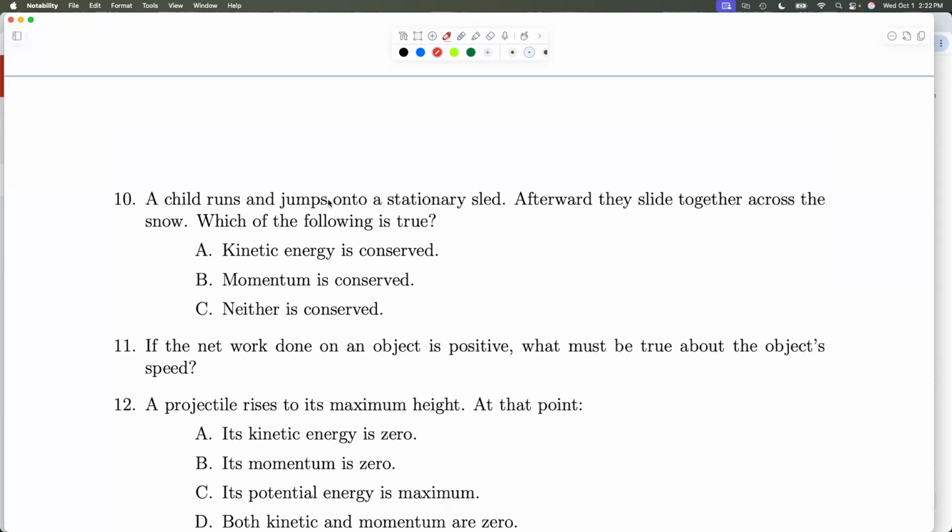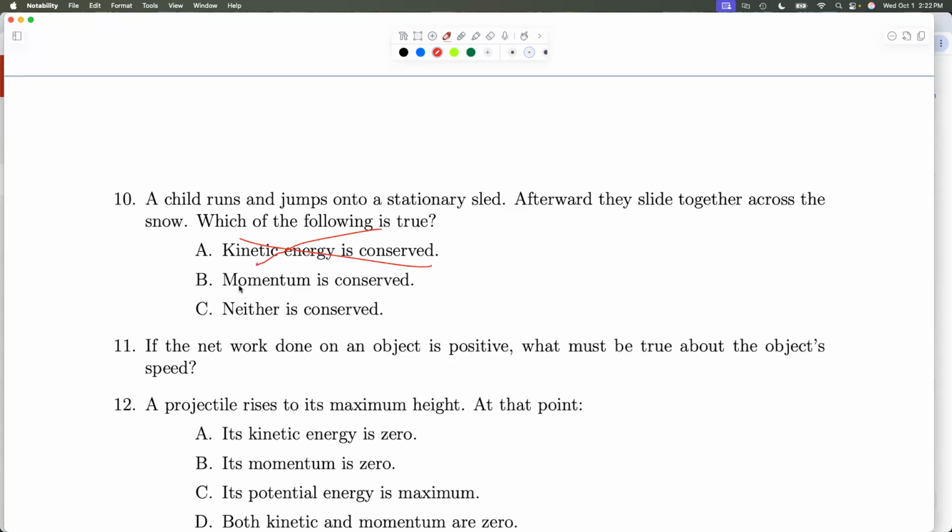So a child's running, they jump on a stationary sled. This guy's momentum is zero at the moment, by the way. That child is going to lose some of their kinetic energy because they have to transfer some of theirs into the sled to get it moving. Kinetic energy will not be conserved. The total momentum, see, this is not worded perfectly.